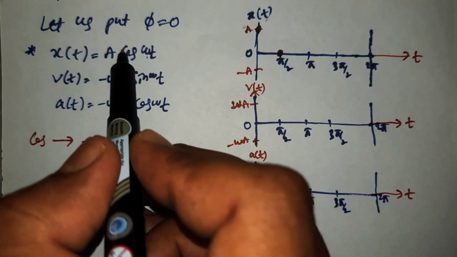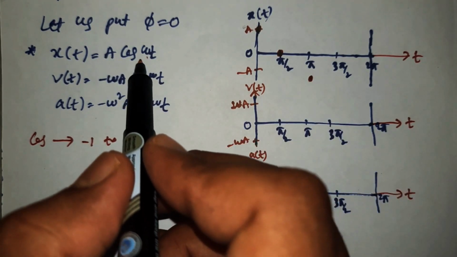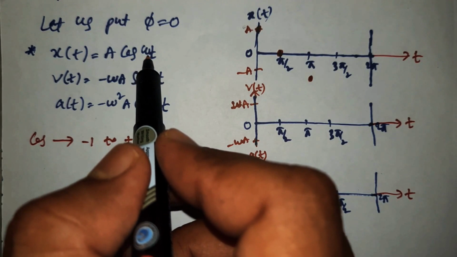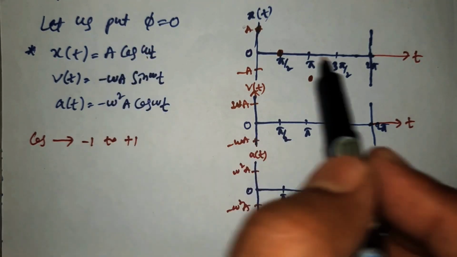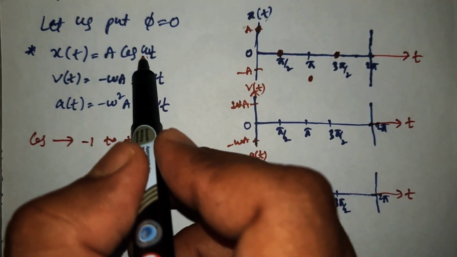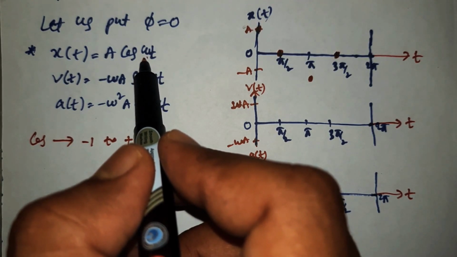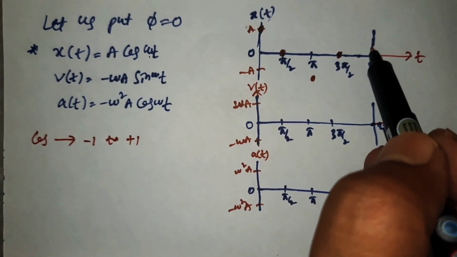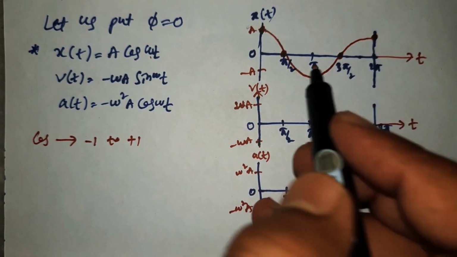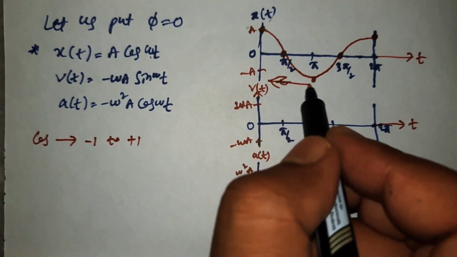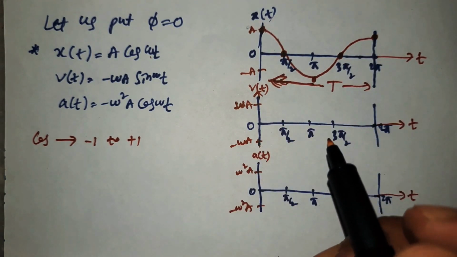Omega t is equal to pi, cos pi is equal to minus 1. So here it is minus a. Cos 3 pi by 2, pi plus pi by 2, cos pi by 2 is 0, 0 into a is 0. Here omega t is equal to 2 pi, cos 2 pi is 1, 1 into a, here it is a. So the graph is like this. Here time period is t.